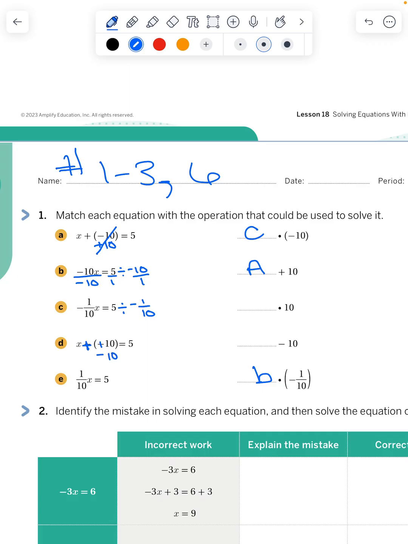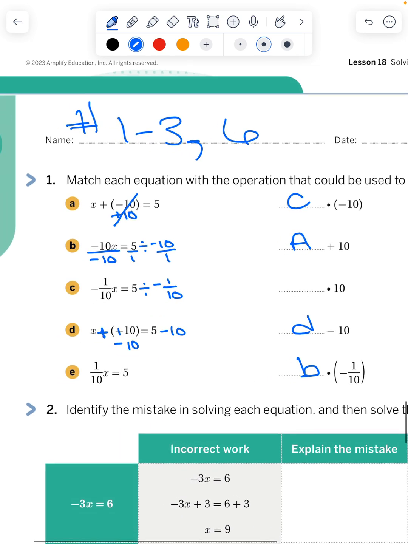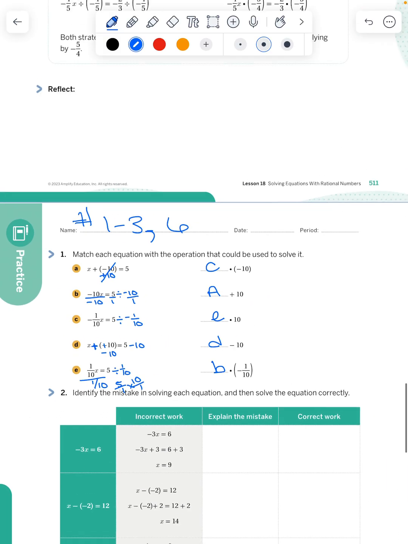The inverse would be to subtract 10 from both sides, which would be here, right across. And on E, 1/10 times x, the inverse is to divide both sides by 1/10. When you keep it, switch it, flip it, it becomes multiplying by 10 over 1, or just 10. So E is here.